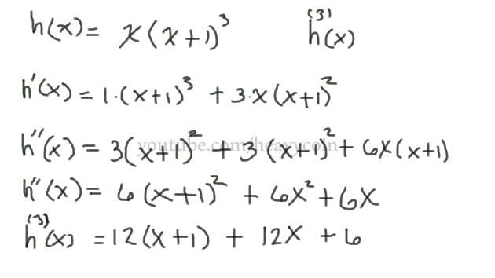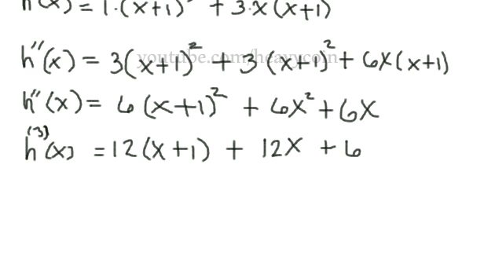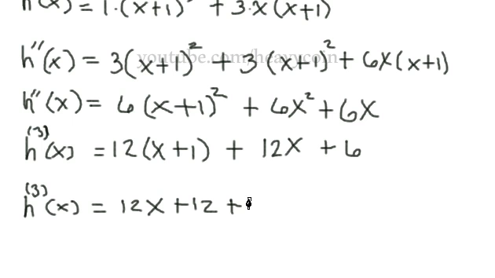So now I'm going to simplify this down a little bit more. The third derivative of h is, distribute this 12 across, we have 12x plus 12 plus 12x plus 6, and that's all going to simplify down to 24x plus 18.